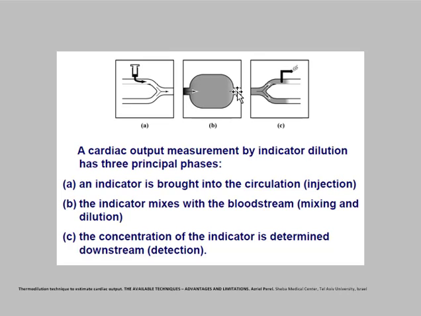The indicator has to mix evenly with the bloodstream. The second stage is mixing, and of course, the indicator is diluted by the bigger volume of blood. And then the concentration of the indicator is determined downstream, so it has to be detected. It has to be injected, it has to be evenly mixed, and it has to be detected and quantified.